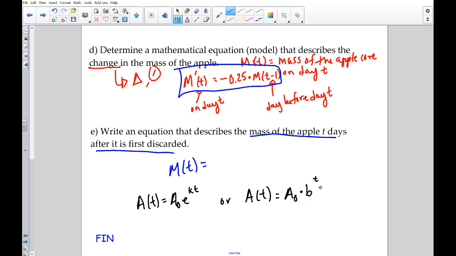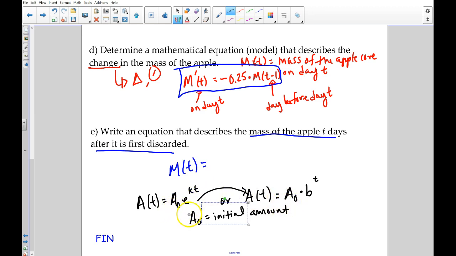And a naught in both equations is the initial amount. Now the difference between the two models: you can actually obtain this second model from the first model through some simplification.